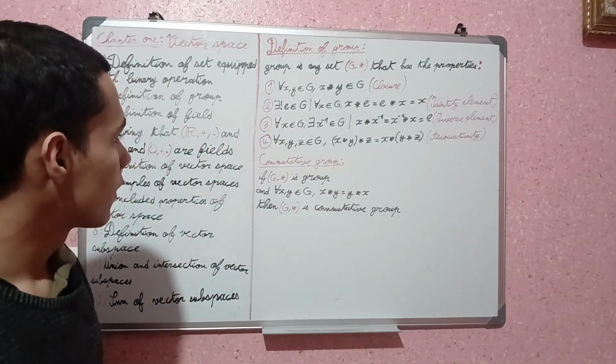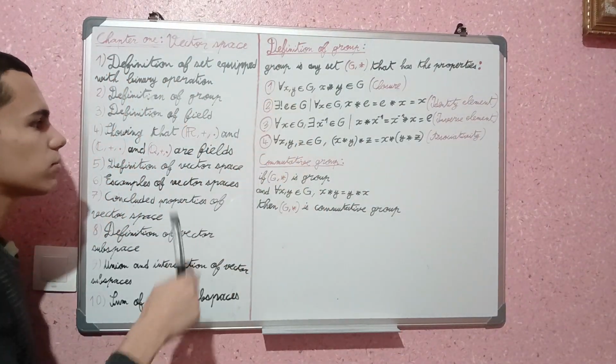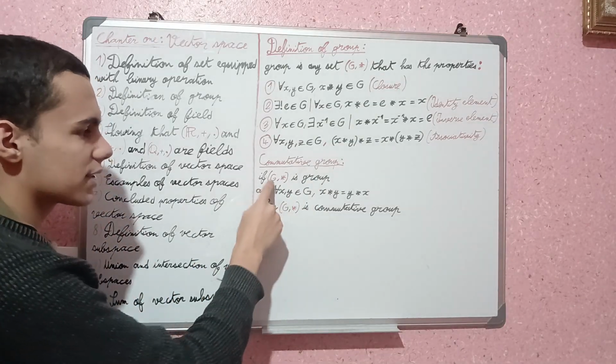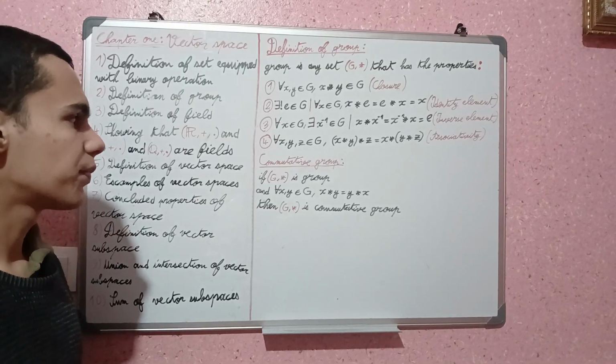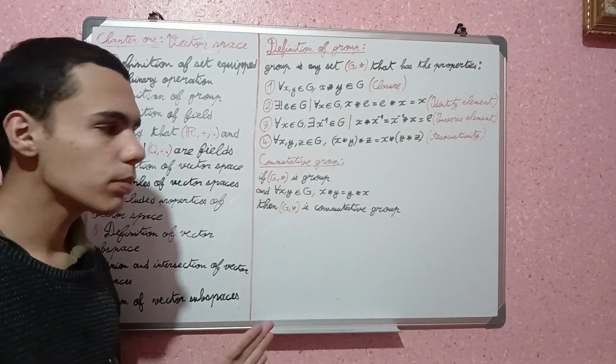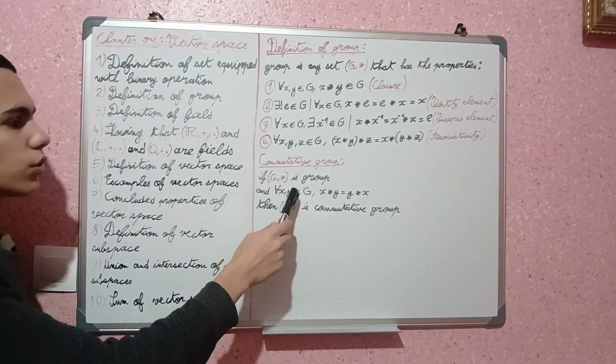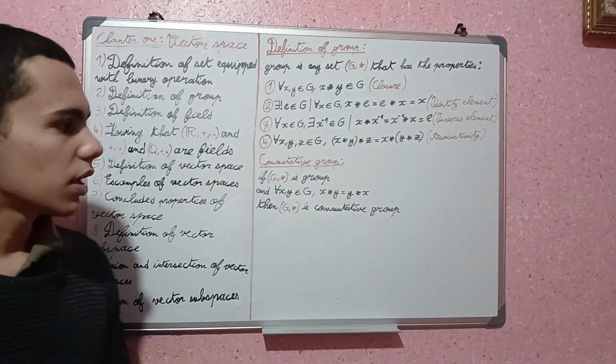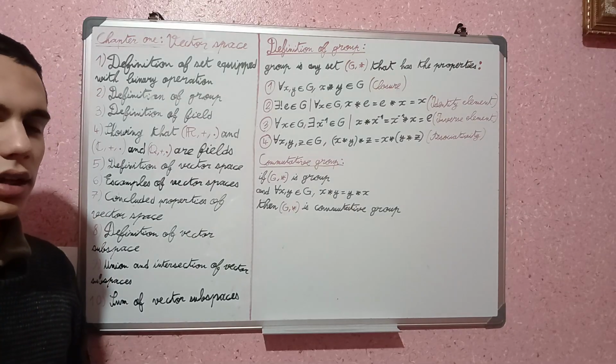All right. The last thing about groups is commutativity. If we have a set G, star is a group, and for all x and y belonging to G, x star y equals y star x.